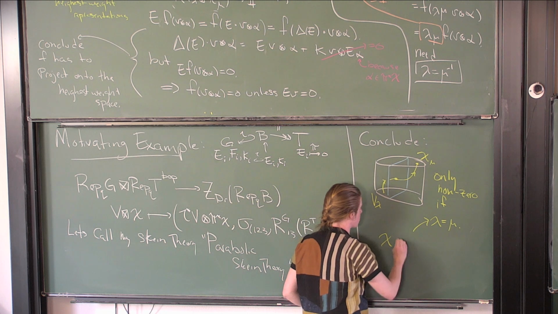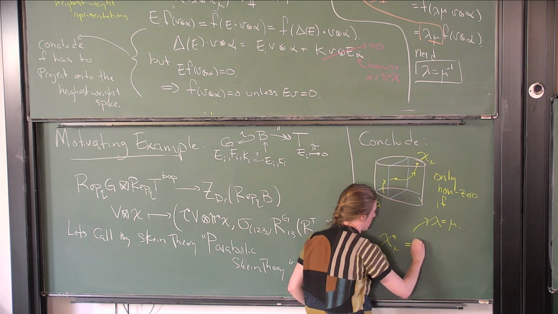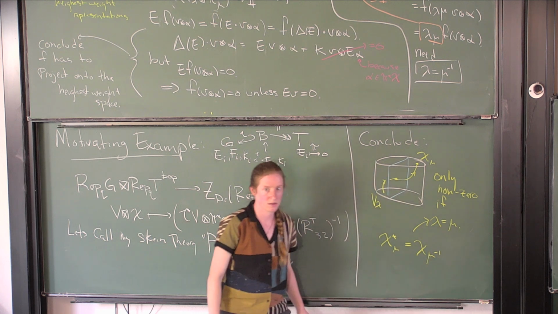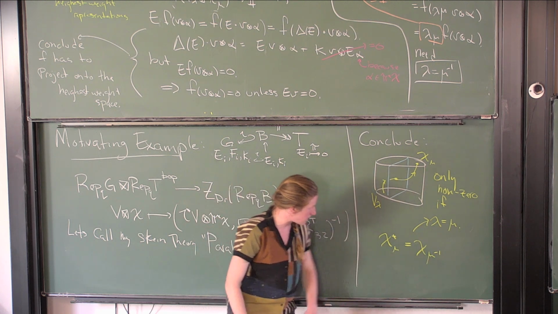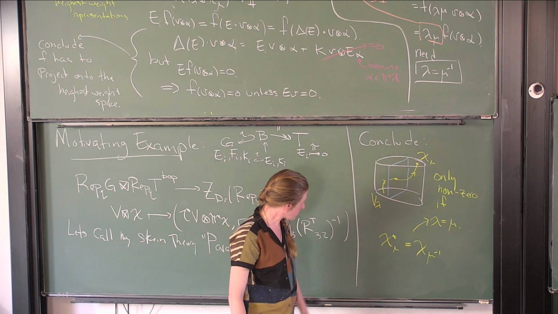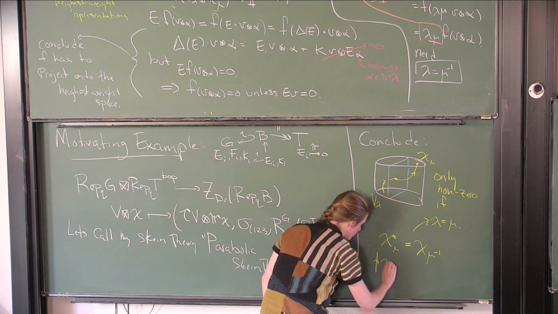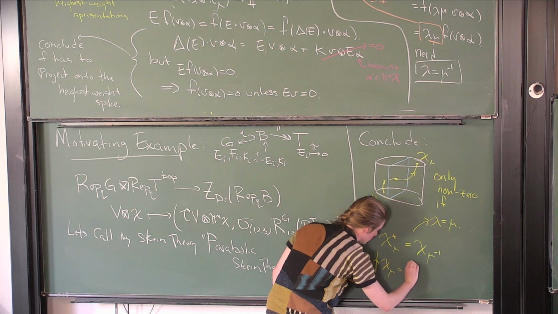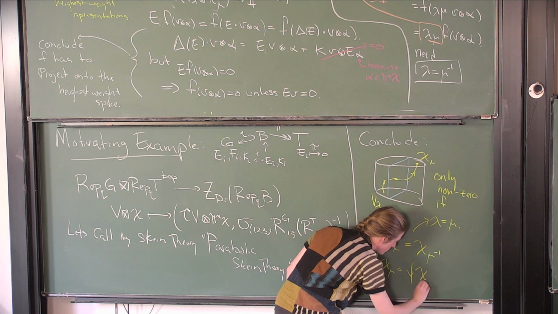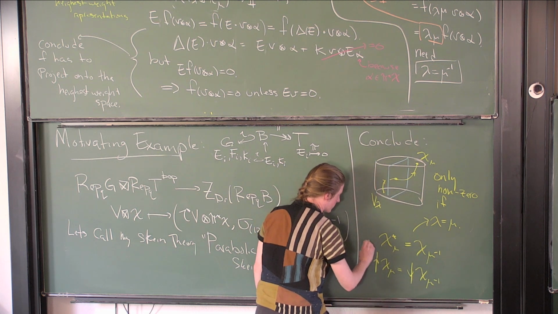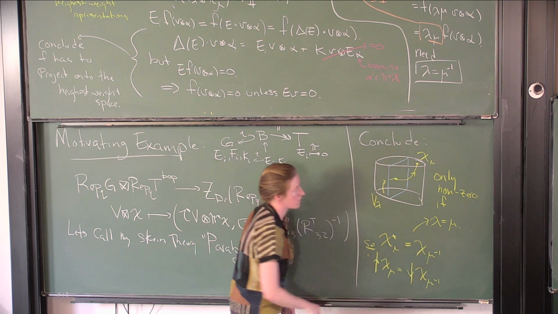The thing that I was using is that when I take the dual, I take the inverse of that, and also that this mu equals this mu inverse. So those are the two things going on.